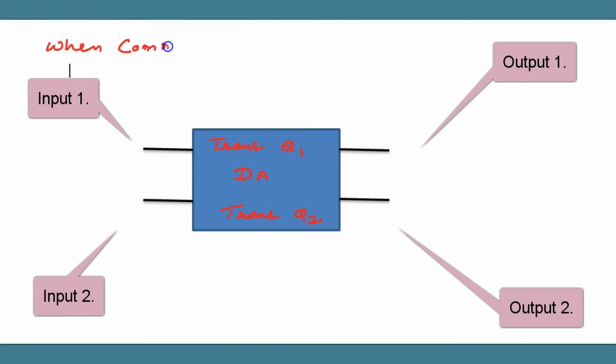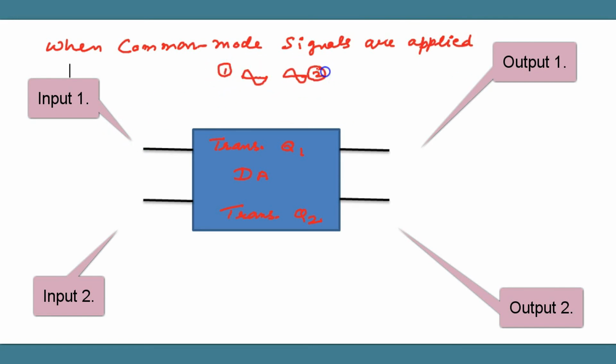Let me explore the response of the differential amplifier towards the common mode signals. Common mode signals are the two signals shown here. They are the same in phase and exactly equal in amplitude. Let only one common mode signal be applied to the input number 1. The second one is grounded. This is Vout1, and here we will get a signal opposite in phase to the V input number 1.